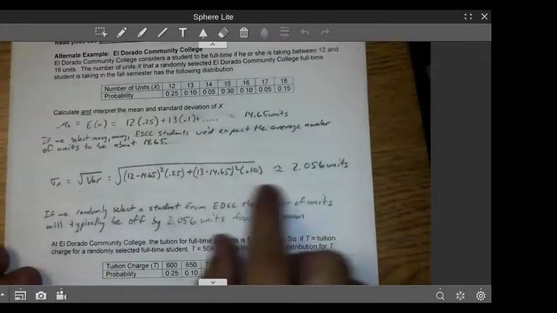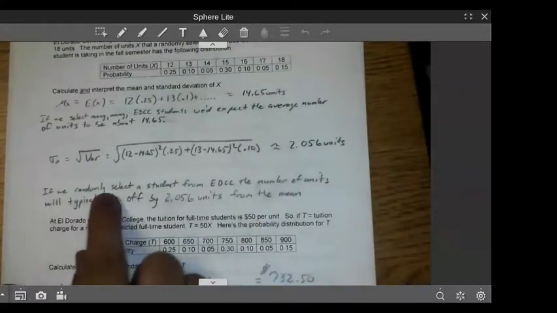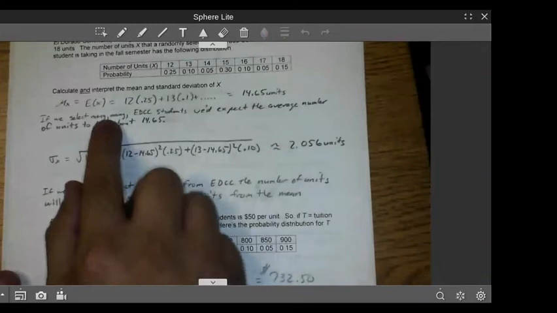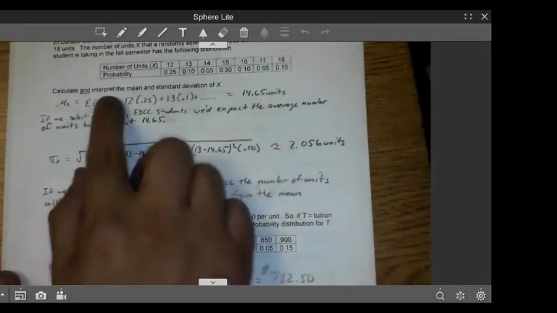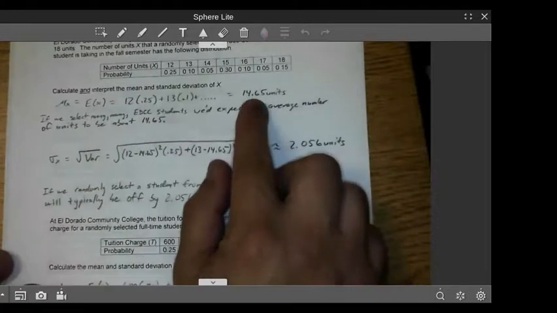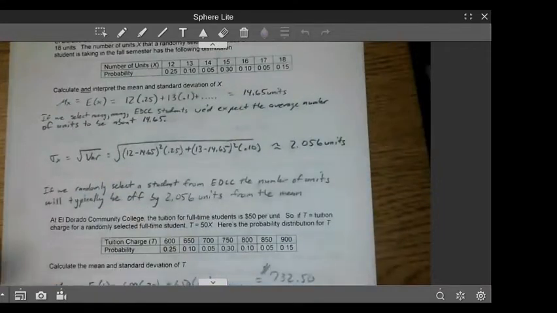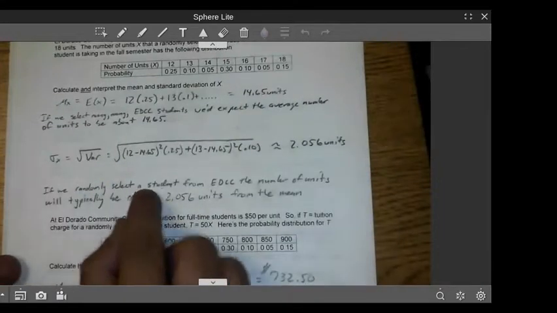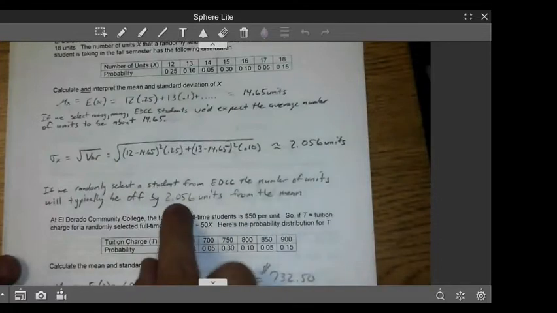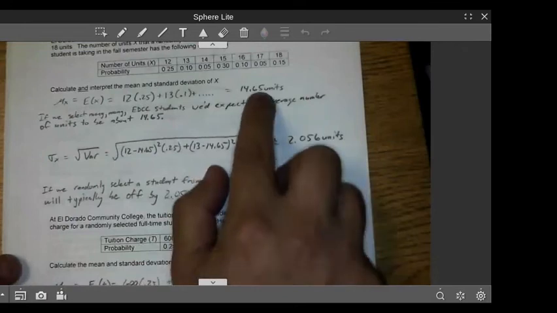And then we get the standard deviation. If we were to randomly select a student, now that's something maybe we didn't talk about last time. When you interpret the mean, you're doing a large count: if I do this a whole ton of times, I will get this number on average. Standard deviation says if I grab a student and look at them, I expect to be typically off by this far from the mean.